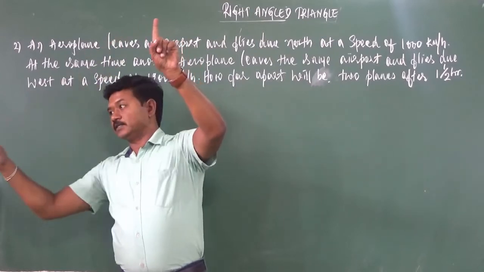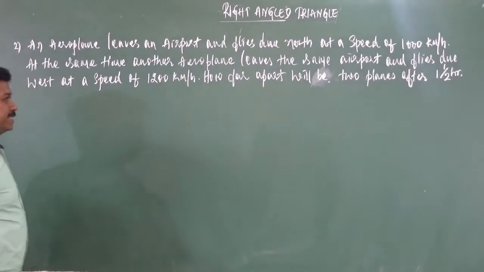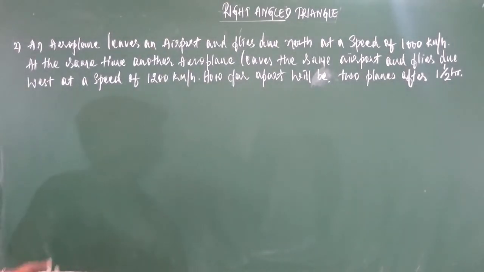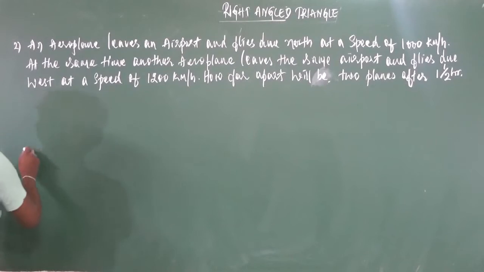We have to calculate this distance. Here speed is given, distance is not given, but time is given. So using speed and time, we can easily find the distance traveled by both aeroplanes in their respective directions. Then we will apply Pythagoras theorem and find how much distance is between the two planes after 1.5 hours.